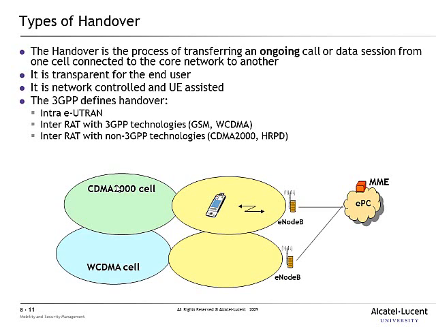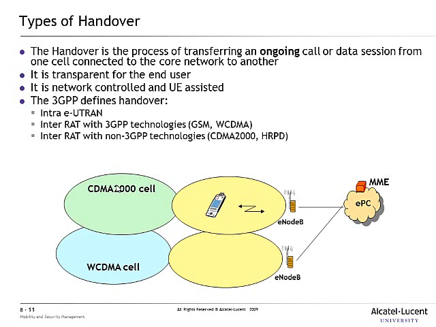Now, in terms of handovers, again, there are many types of handovers in LTE. You can have intra-E-UTRAN, that means within E-UTRAN, inter-E-UTRAN with other 3GPP technologies, and then the last one, which is probably the most complex one, is the interaction with non-3GPP technologies.